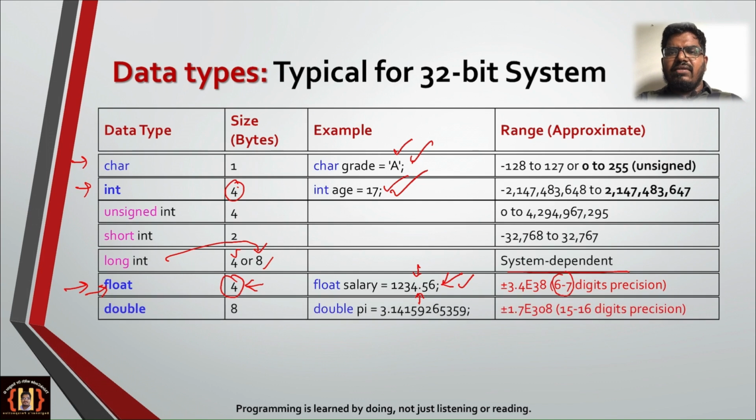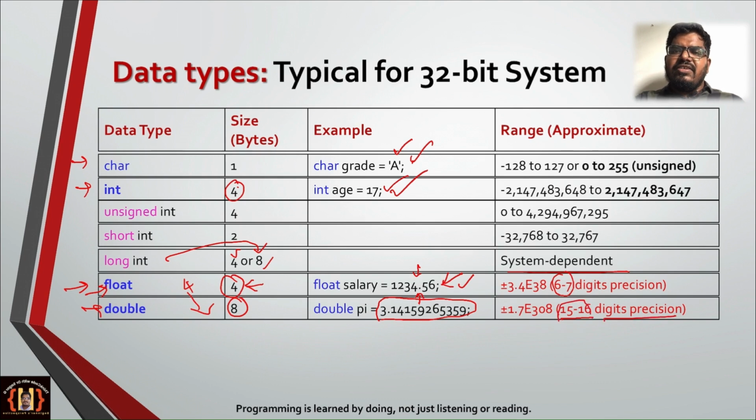Next we have double, and this basically stores 8 bytes. You see here float is 4 bytes, whereas double is 8 bytes. Now what does it mean? It is also going to store values with decimal points, like 3 point something or any other value, but the point here is that this is going to have 15 to 16 digits of precision.